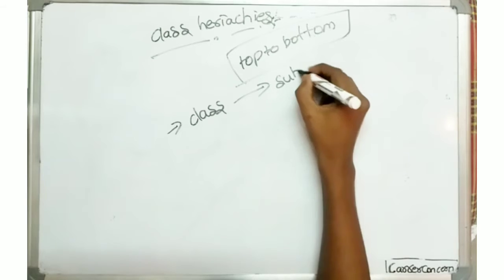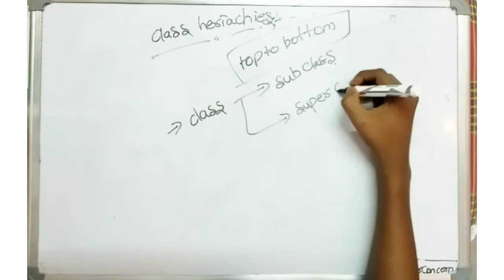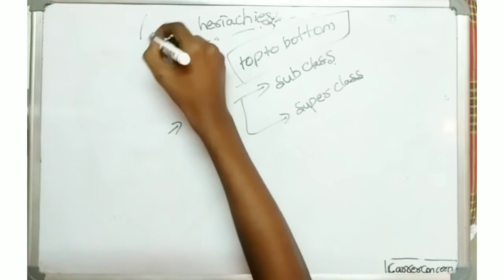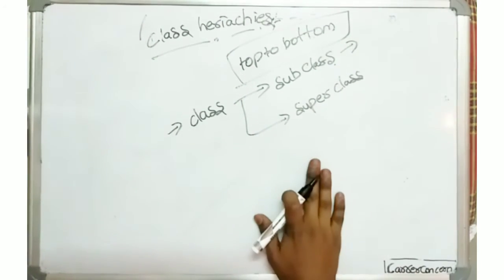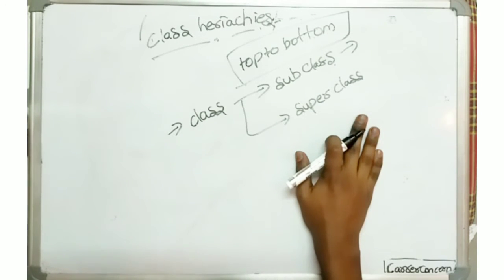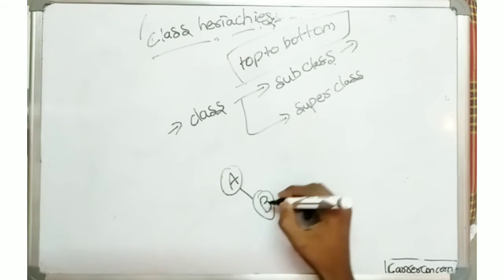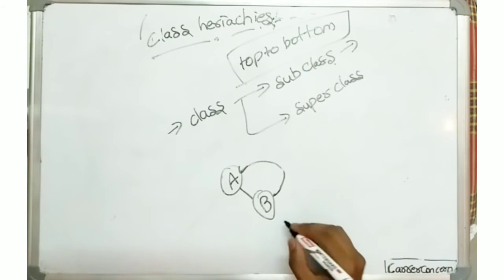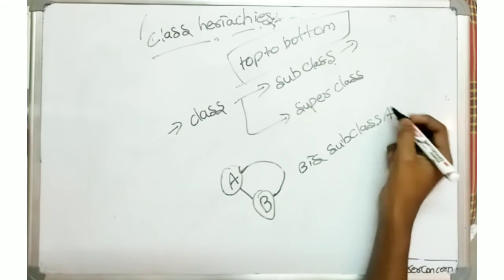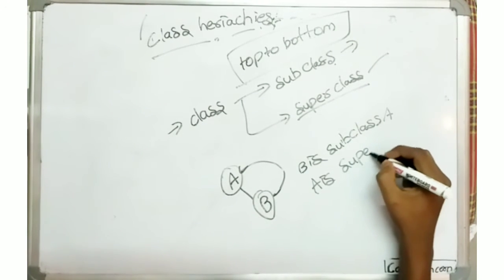A subclass is a class which came from a previous class. If A is a class and I get B, B is a subclass of A. A parental class is called a superclass, so A is the superclass of B.